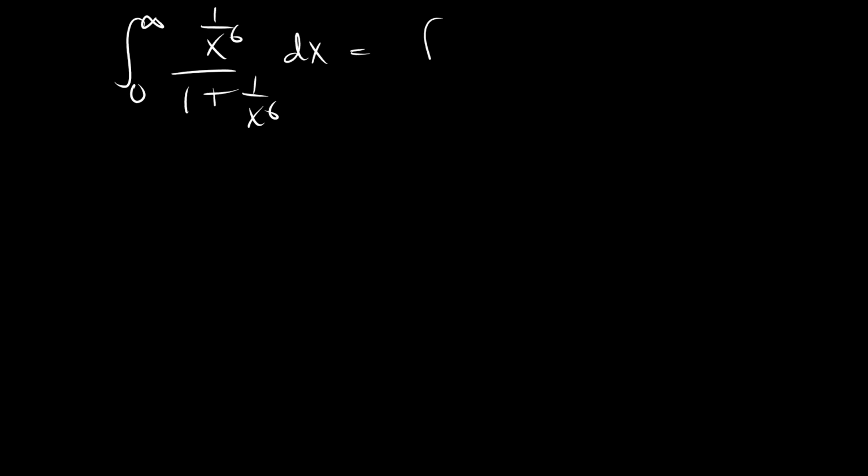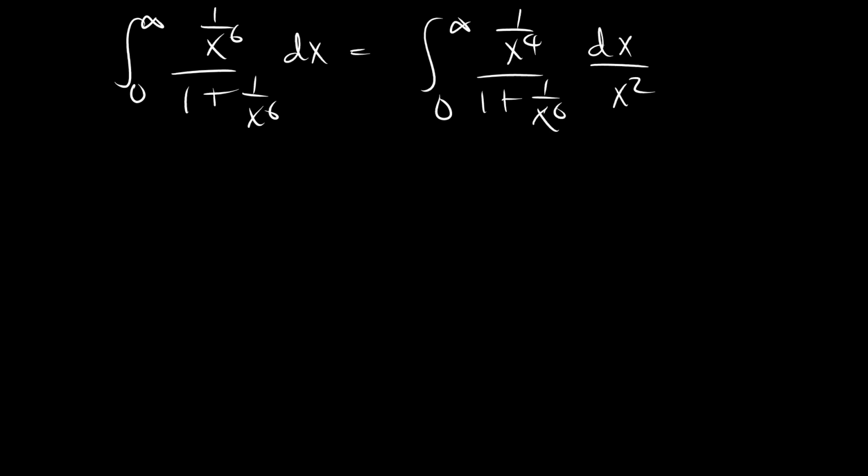So 1 over x to the 6 over 1 plus 1 over x to the 6 is the same as the integral from 0 to infinity of 1 over x to the 4th over 1 plus 1 over x to the 6th, then dx over x squared. So this here I have gotten from here.